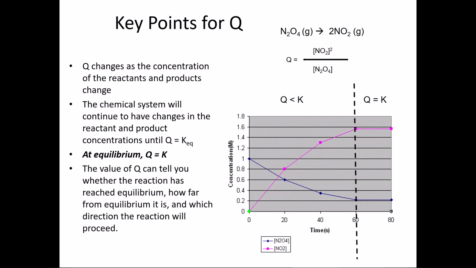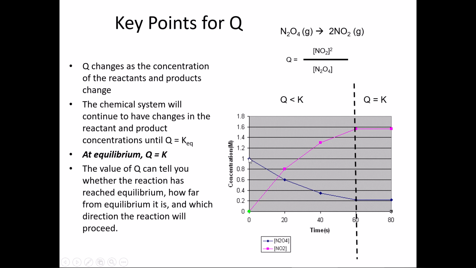And if we look at what Q is representing, we can see how it can be helpful for determining our equilibrium. So if we look at this graph, hopefully this graph looks familiar to you because this is a reaction rate graph. So we have our concentration on the y, our time on the x. So as our reactant is decreasing in the blue, okay, we see a decrease in concentration. Our product is forming in the pink, so our product values are increasing.